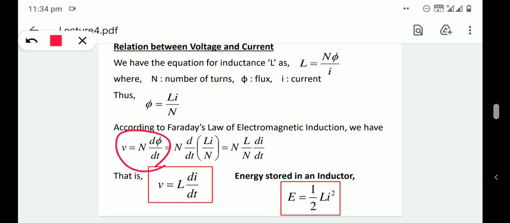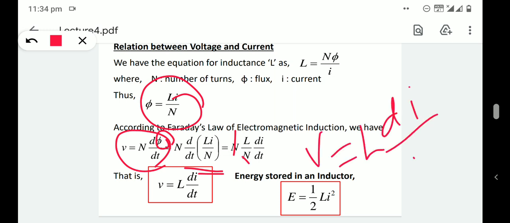That equation we are also familiar with. So here, instead of phi, we substitute phi is equal to Li divided by N. Here L and N are constants, only i is the variable, so L and N are taken out, and the equation becomes N into L by N di by dt. N and N cancel out, so the equation becomes V is equal to L into di by dt.